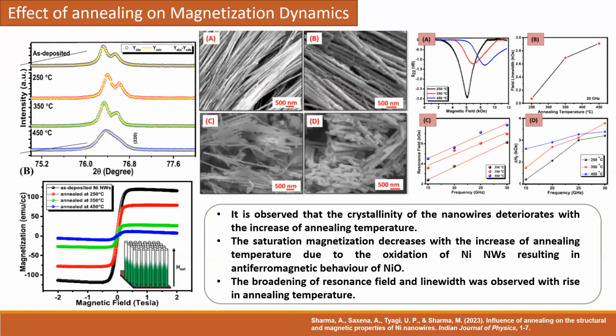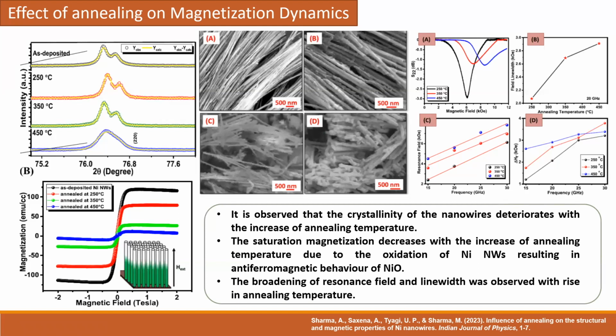It is becoming broader, and it is making the resonance peak a combination of nickel and nickel oxide. So it will go towards the higher region and become broader. This shows the resonance field, and this shows the field line width for the corresponding different materials.